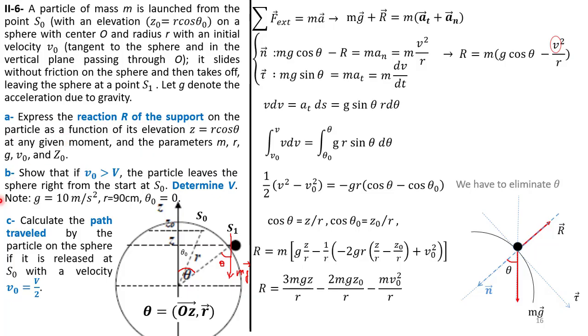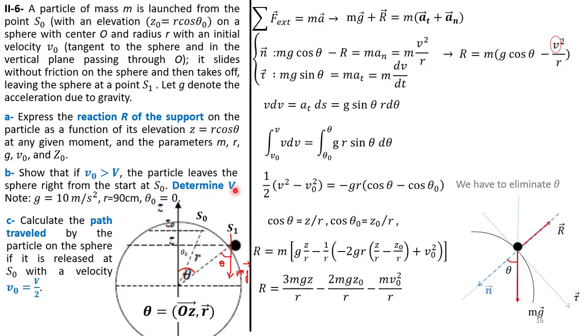Now part B. Show that if v0 is greater than capital V, so show that if the initial speed is greater than a certain, a critical V, the particle leaves the sphere right from the start at S0.